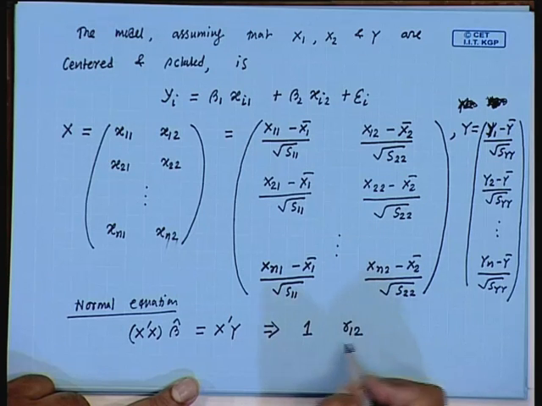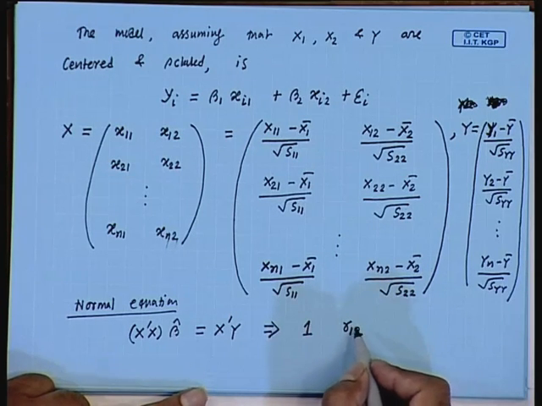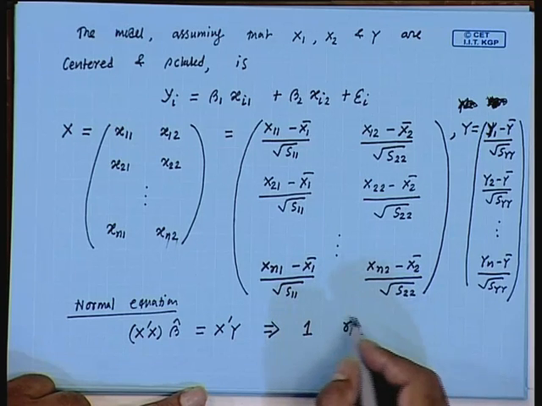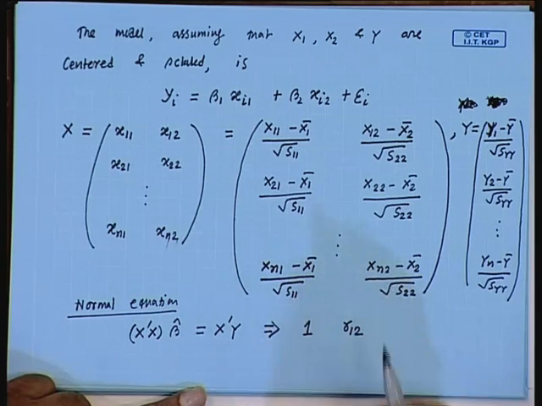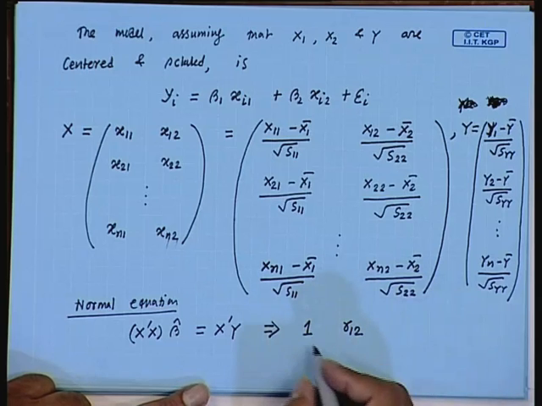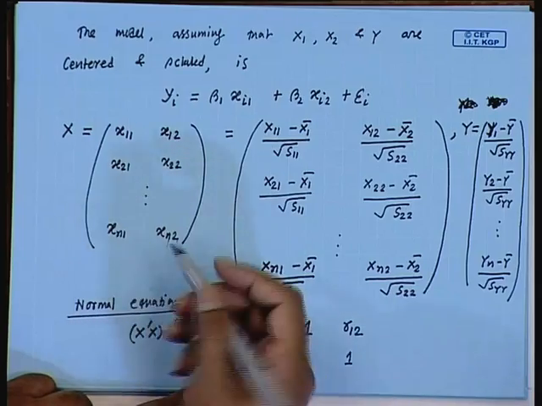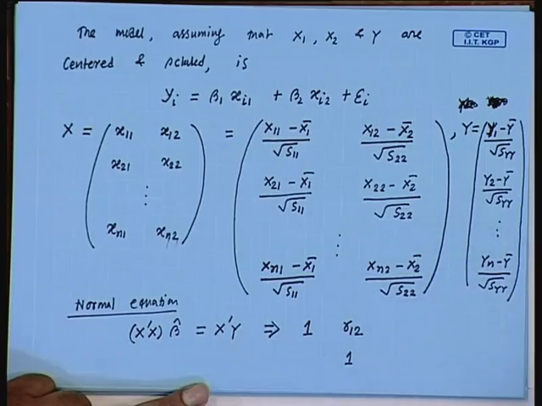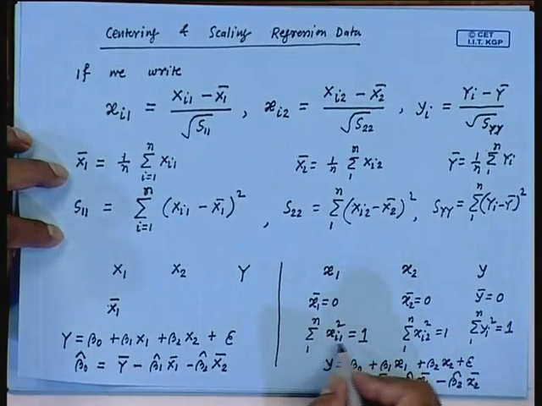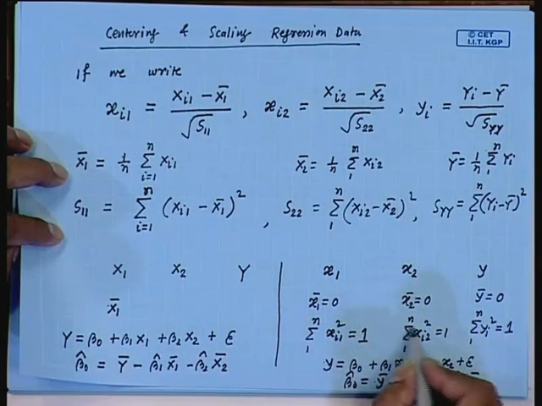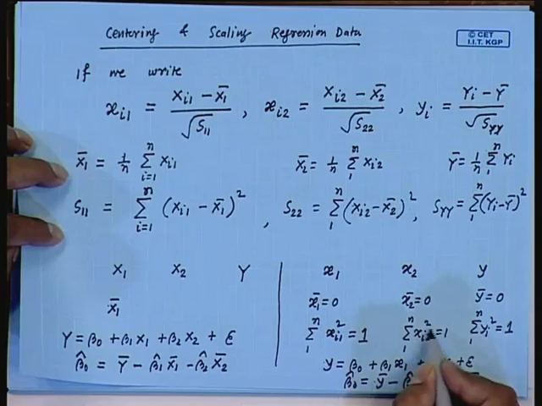This R12 is nothing but the sample correlation between x1 and x2, okay, and 1 here, because of the fact that sum xi1 square is equal to 1 and sum xi2 square is equal to 1.